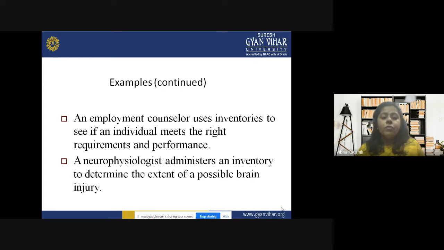A neuropsychologist administers an inventory to determine the extent of a possible brain injury, and on the basis of that, he will be able to determine the extent of a possible brain injury in a particular or a specific person.